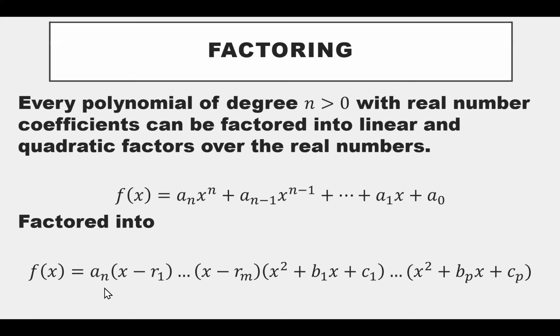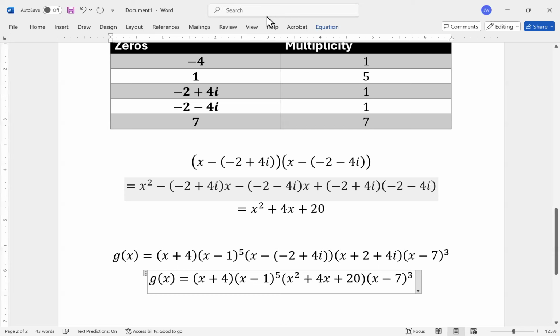So if we're factoring over the real numbers, we can get a bunch of linear pieces with real numbers multiplied times each other times as many quadratics as we want. And in particular, that last example with the g of x that we had, we could have done that. So the g of x I had was a bunch of real number roots, a bunch of linear pieces, and then I had these two complex pieces which occurred in conjugate pairs.